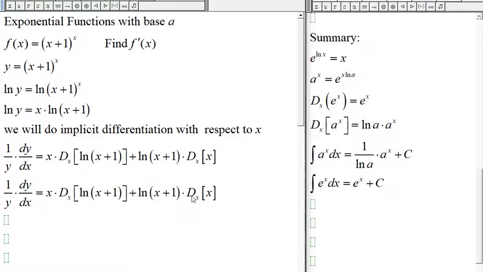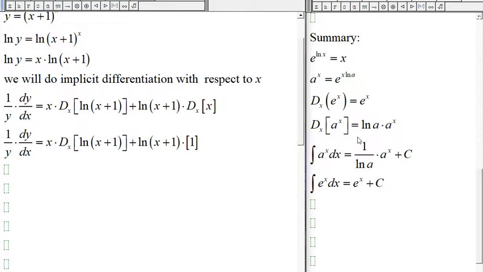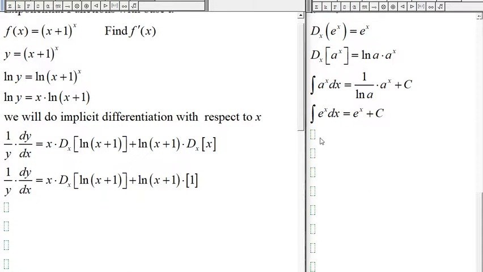The derivative of x is just 1, so this part right here we just get 1. And then right here we want the derivative of ln of x plus 1. Recall that the derivative of ln x is 1 over x. But here we have the derivative of ln of x plus 1, so we have to use the chain rule.